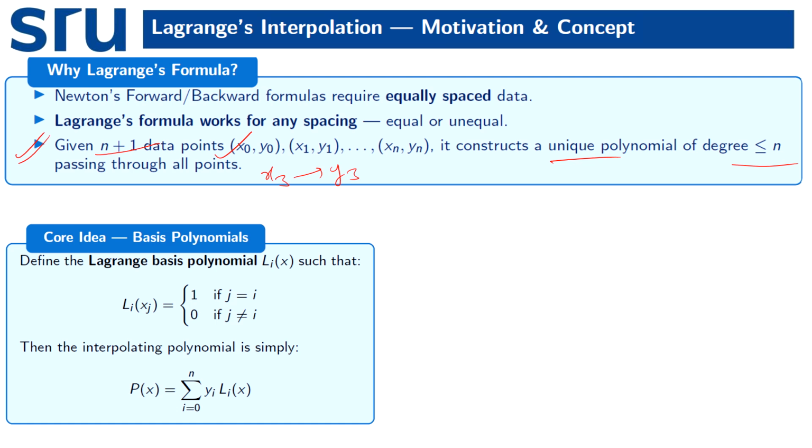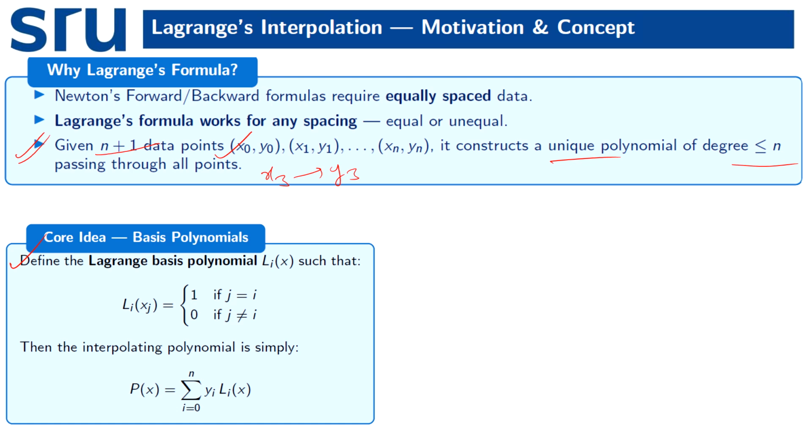Now let us understand the main idea behind Lagrange's method. Instead of directly constructing the polynomial, we build it using smaller components called Lagrange's basis polynomials.